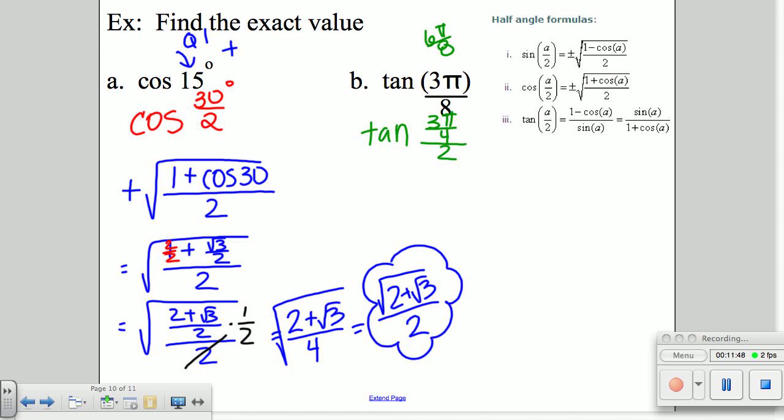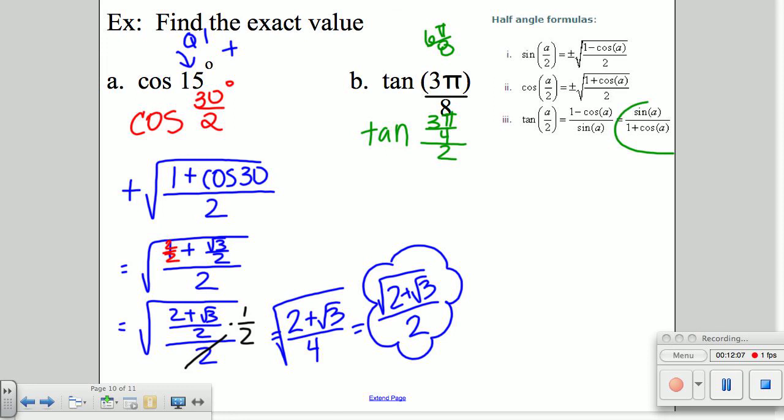Now 3 pi over 4 is on my unit circle, and that's in quadrant 2. Now, we can go ahead and pick either of those tangent formulas. So let's pick the second one. Let's use this one here.